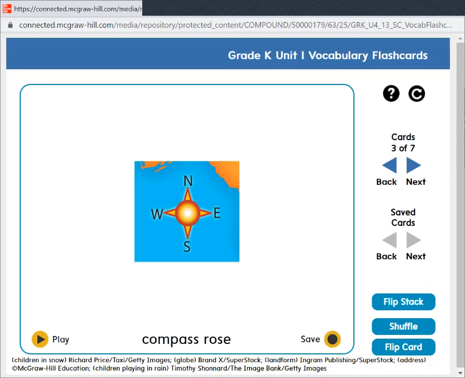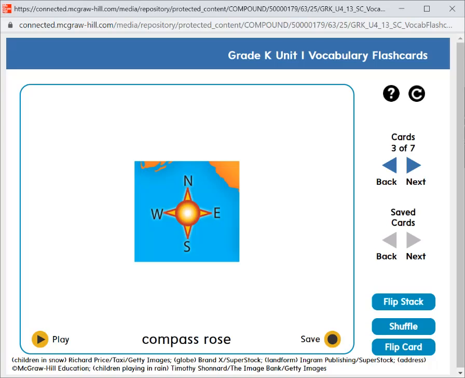All right, our next vocabulary word is compass rose. Can you say that with me? Compass rose. So a compass rose helps us with direction. So the cardinal directions are north. Do you see the letter N? That stands for north.